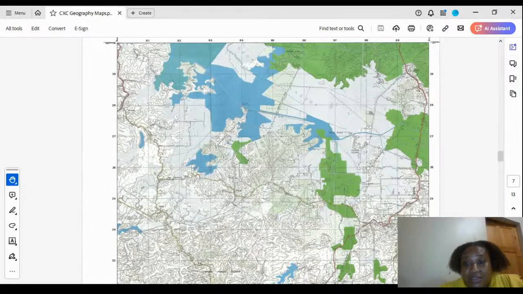areas around the lagoon where it is actually flat. Also, you would notice that the rice is growing close to that area, and there are some rivers that connect to the lagoon. So again, irrigation.